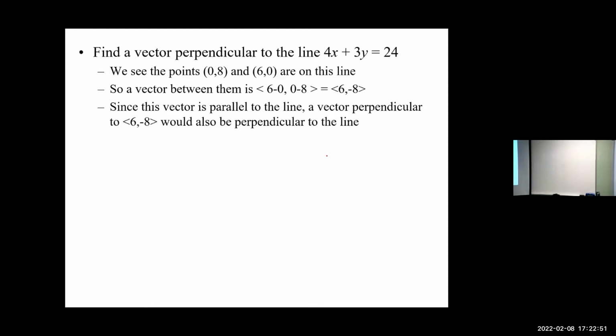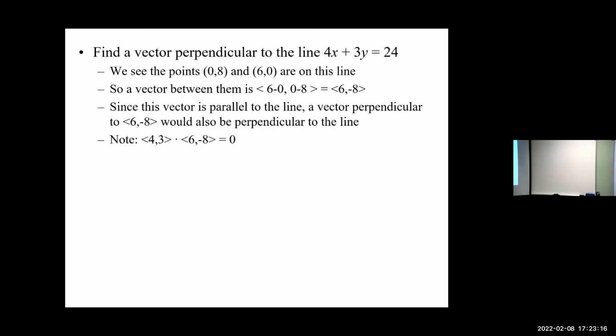So we want a vector that when dotted with (6, -8) comes out to be 0. Now there's an infinite amount of vectors that could do that. I could give you a component to multiply by 6, and you could give me a component to multiply by 8 so that it adds to 0, right? That's all that's really happening. But there's one in particular that I picked, and you're going to see really quickly why I picked it.